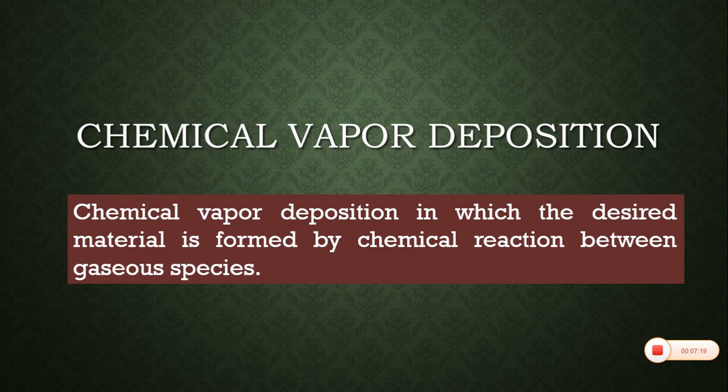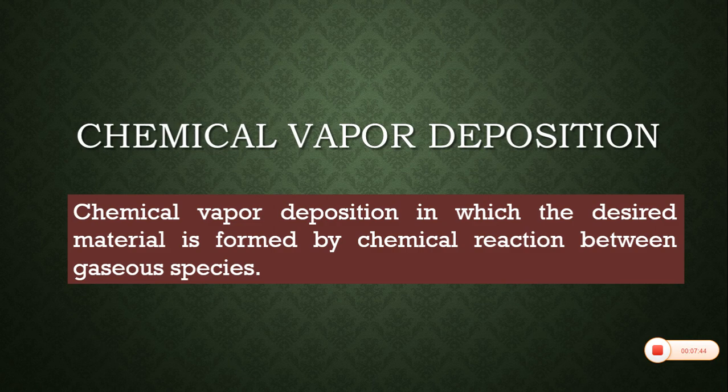Thin films, thick films, or even monolithic bodies can be fabricated by using the chemical vapor deposition method. The desired thickness of the film depends on the deposition time. If you prolong the deposition process, the thickness will increase and you can get the desired thickness of the material.